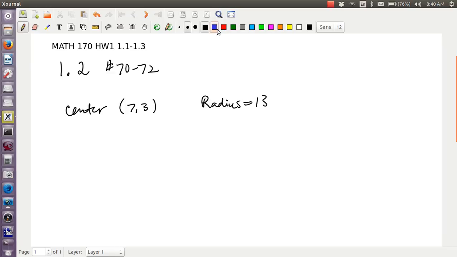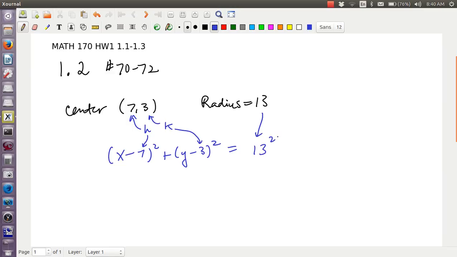So how do you do that? You just say x minus h, we usually call this guy h and this guy k. I have no idea why that's h and k, but that's what we do. And then you say y minus k squared. So that value goes here, that value goes here, and that value goes here. We call this one r.